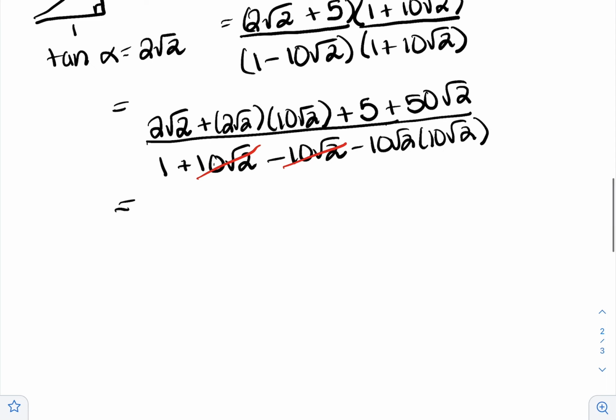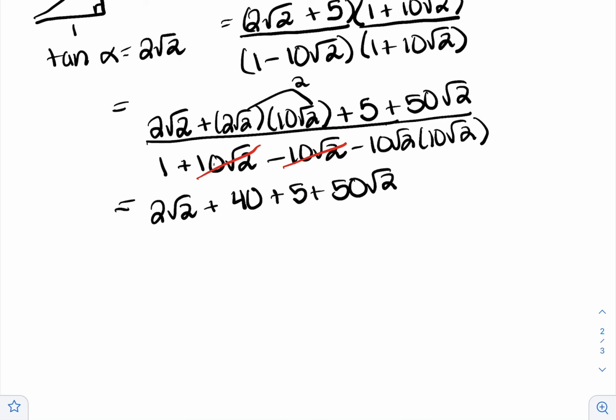So in the top, 2 radical 2 times 10 radical 2 becomes 2 times 10, which will be 40, plus 5, plus 50 square root of 2. And in the bottom, I have 1 minus, and then again, this is 2, so 10 times 10 is 100, times 2 is 200.